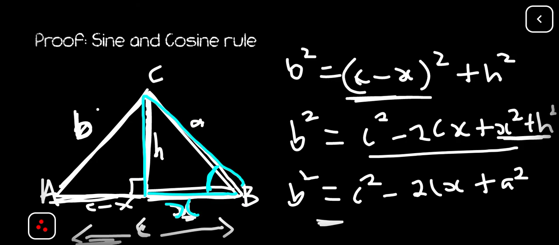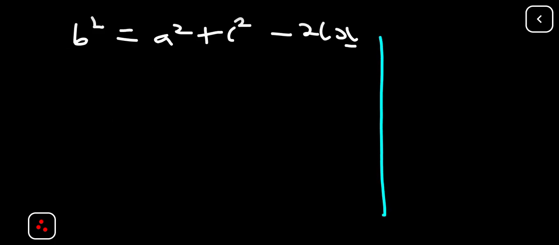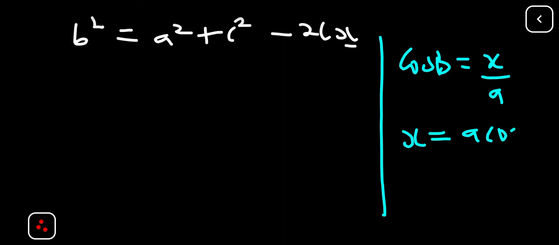And we know that the adjacent here is x, because there's also an angle here. So this is x, and the hypotenuse here is a, right? So we can just say that cos b from that triangle, which is adjacent over hypotenuse, is what? Is x over a. You understand that, right? And if you cross multiply, you see that x is actually equal to what? a cos b. You see that, right?